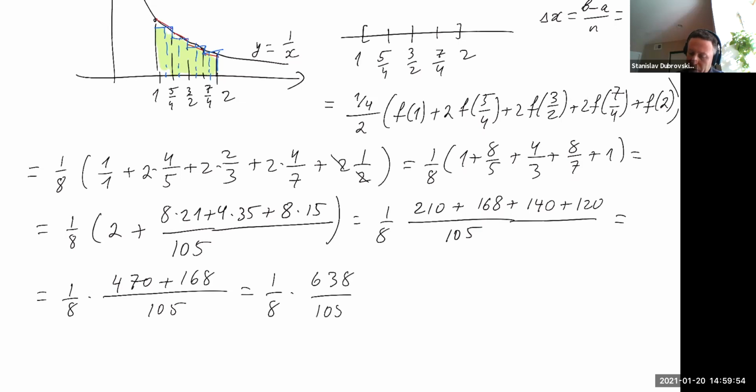divided by 105. Remember that on the bottom you have 5 and 3 and 7, so 7 times 5 times 3. So what do you have there in 638? 638 is definitely divisible by 2, so you'll get 319, times 2, and you can cancel that and get 4 here.